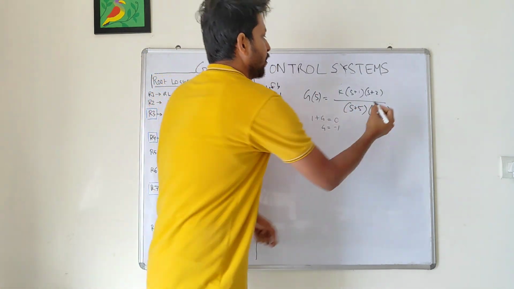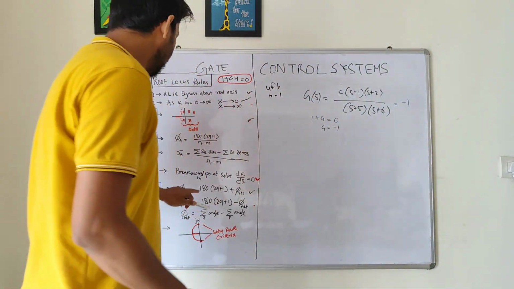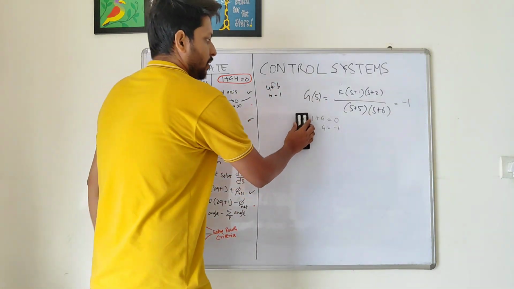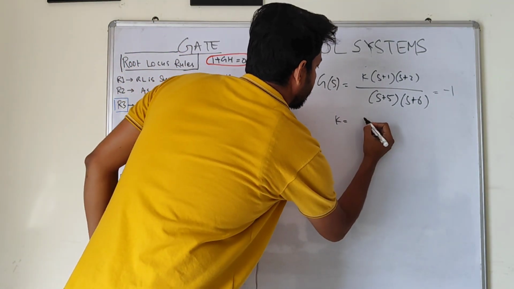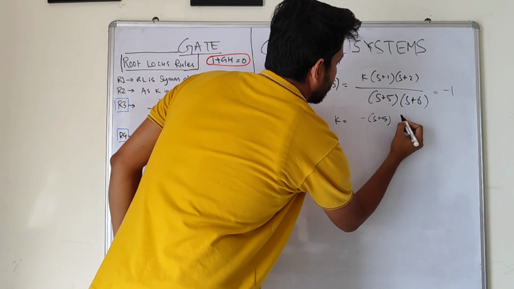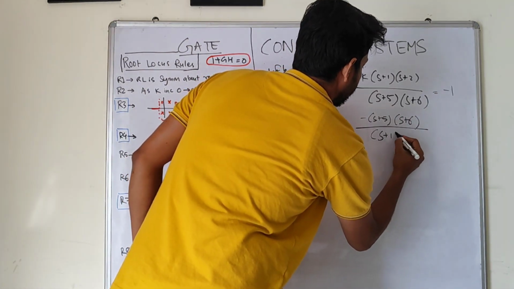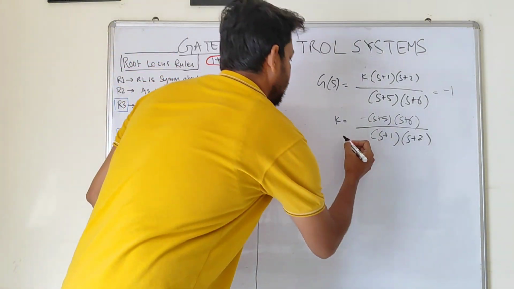So if you put this equal to -1, then you get, because to find the dK/ds, right, we need to represent K in terms of s first. So K would be minus (s plus 5)(s plus 6) over (s plus 1)(s plus 2). Okay, we need to find dK/ds.